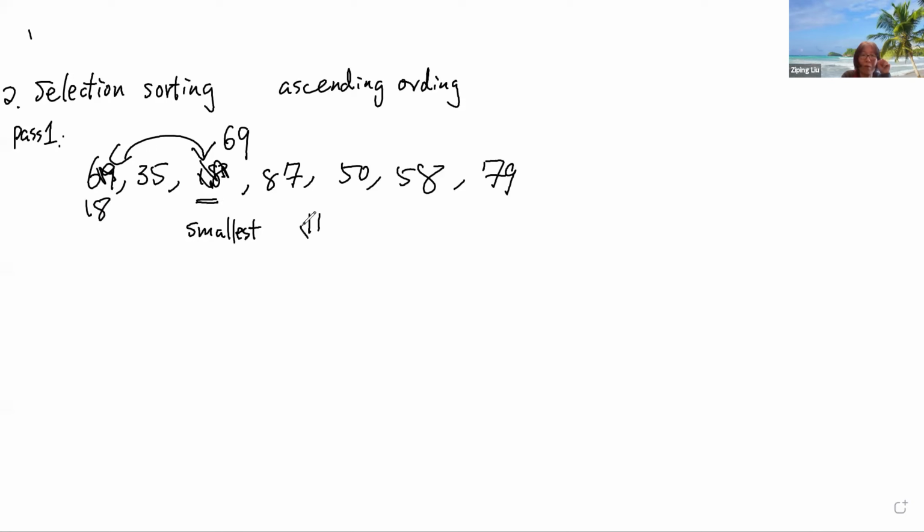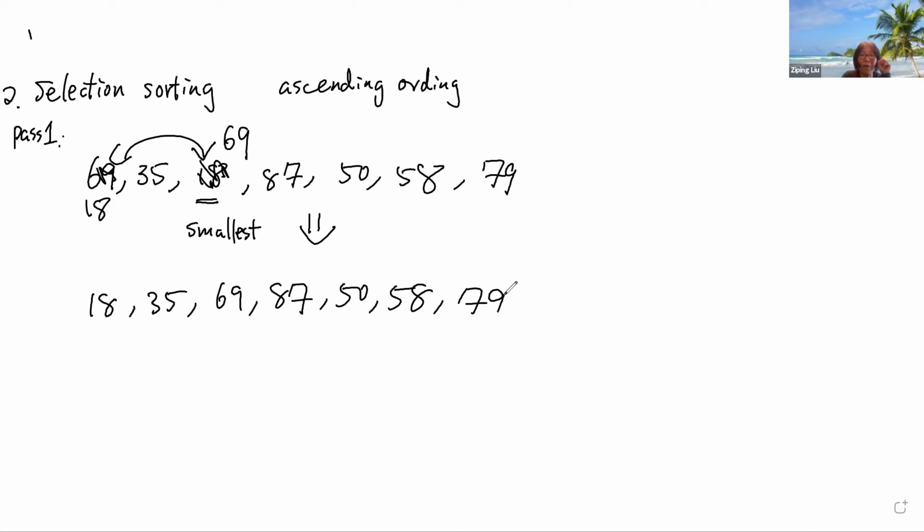So let's rewrite it as 18, 35, 69, 87, 50, 58, 79. After we find the smallest number and swap it with the number that it's supposed to be, then we get this new arrangement, is it?